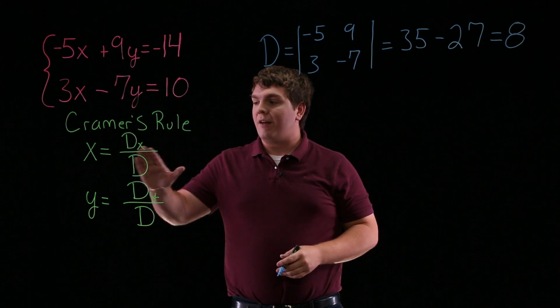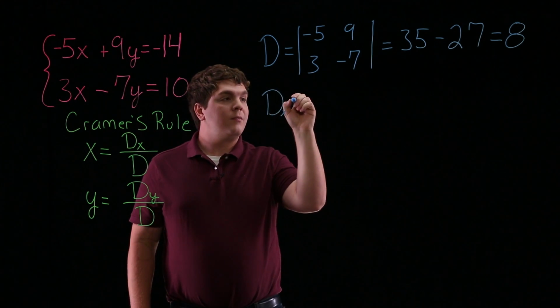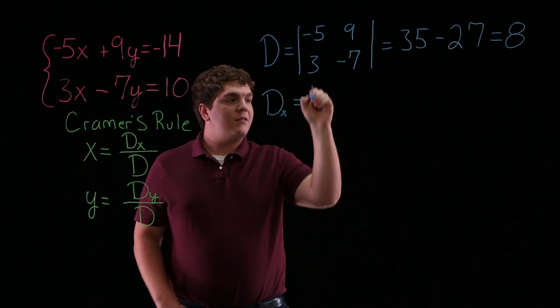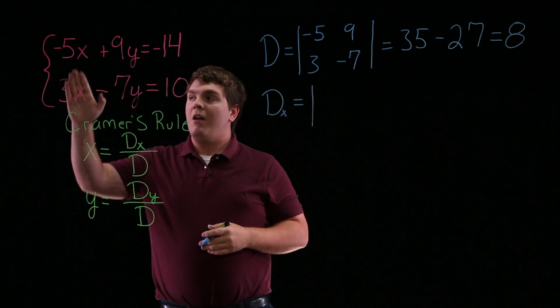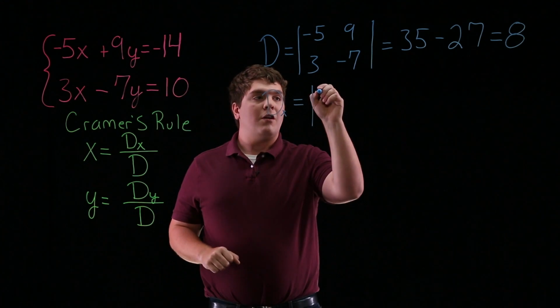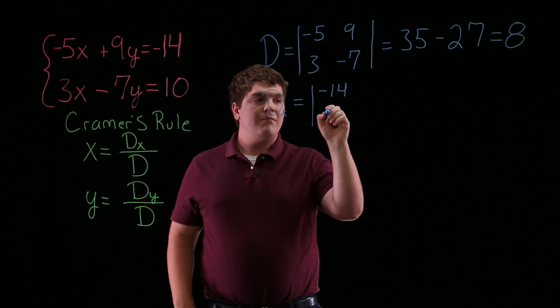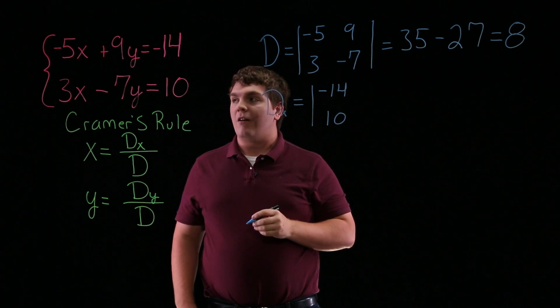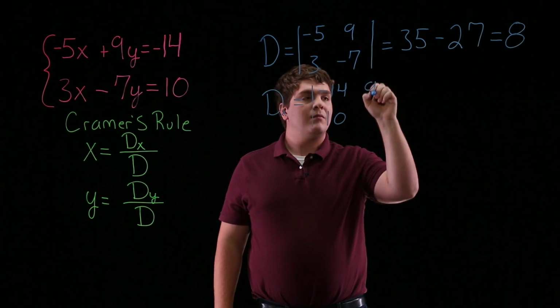Next, let's go ahead and find d sub x. This is the determinant of the matrix that we get by replacing the coefficients of the variable x with our constant matrix. So here, our first column will be given by -14, 10, and our second column will be the same as it was in our coefficient matrix.